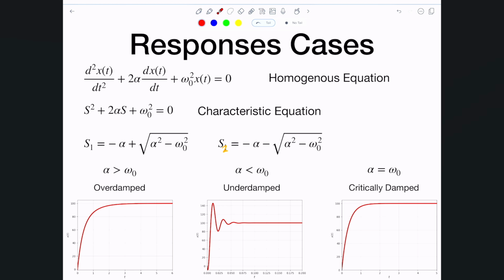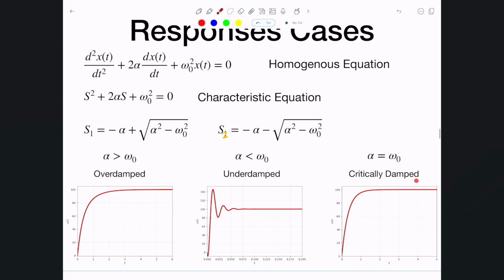And if alpha happens to be exactly equal to omega 0, then S1 and S2 are exactly the same, both negative alpha, not distinct but double and real. In that particular case, the solution is what we call critically damped. I'll cover each one of these cases in detail in the following videos.